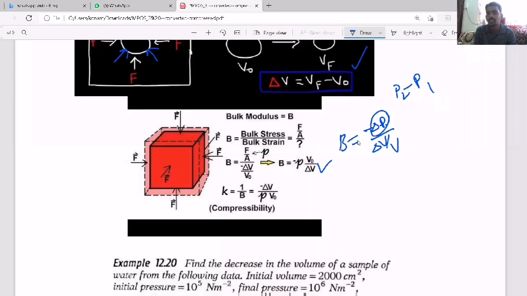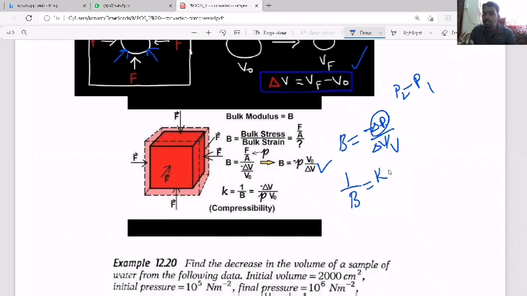And negative sign represents only one thing, that there is a decrease in the volume. And the reciprocal of bulk modulus is called compressibility. So how much it can get compressed, that depends on bulk modulus. More bulk modulus means less compressibility. It can resist more.